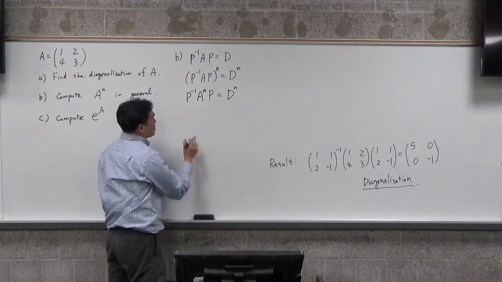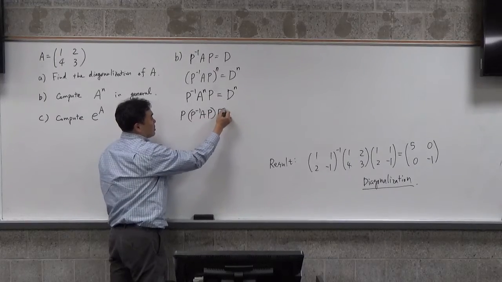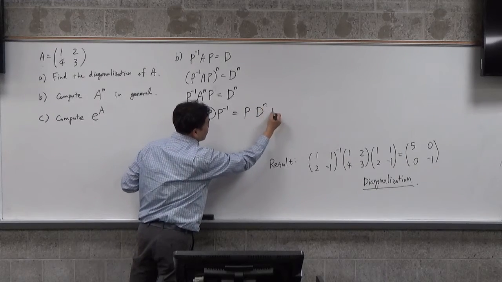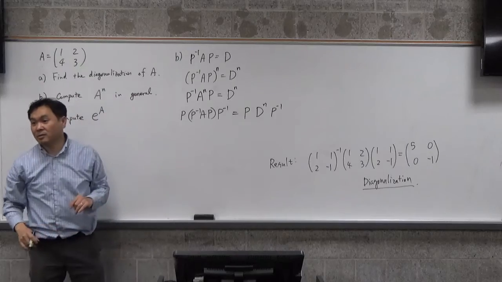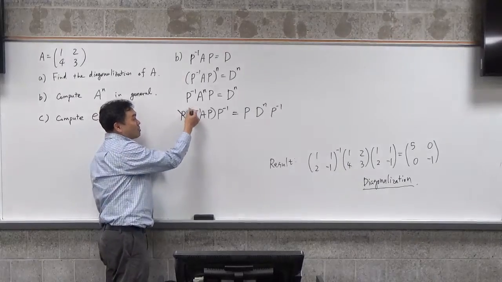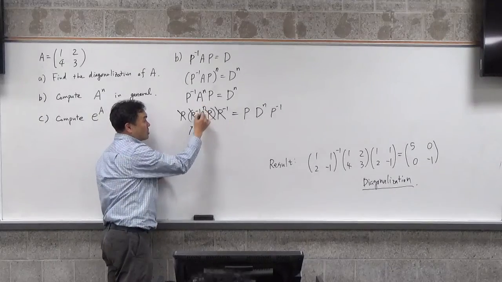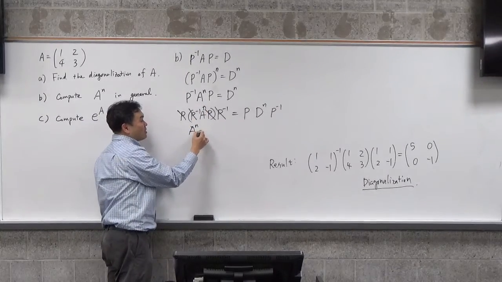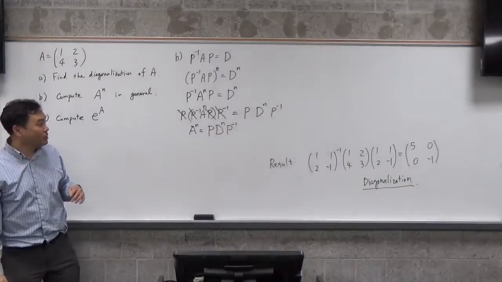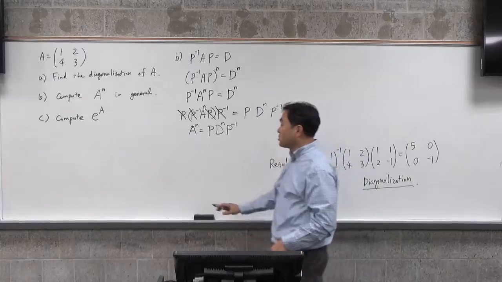What I'm doing is multiplying P inverse on both sides, and doing the same exact thing on the other side. I'm treating both sides exactly the same way, right? But I like this because this is going to cancel with this, and this will cancel that one, and you end up with just A to the n equals P D P inverse. So that allows you to find A to the n in general.